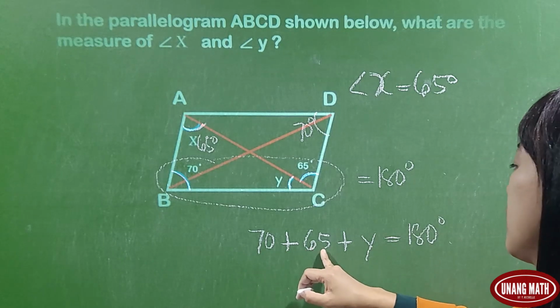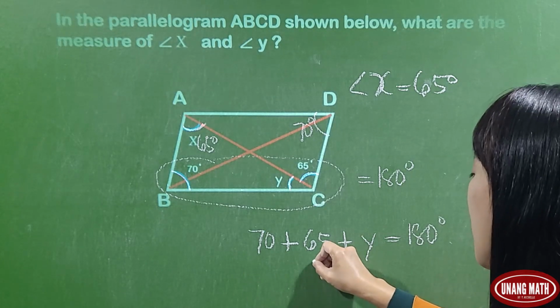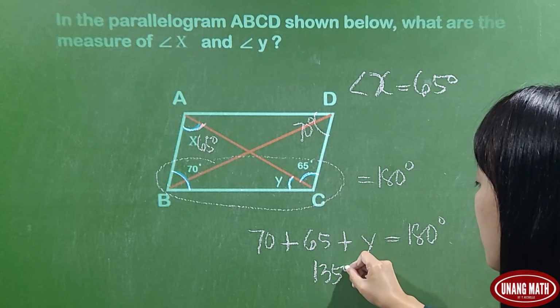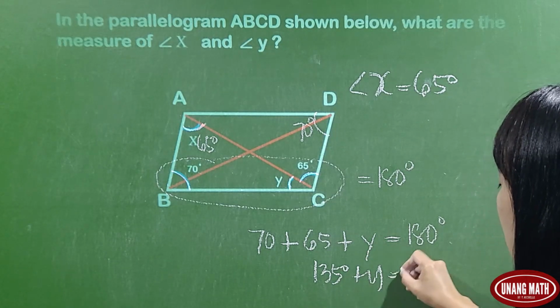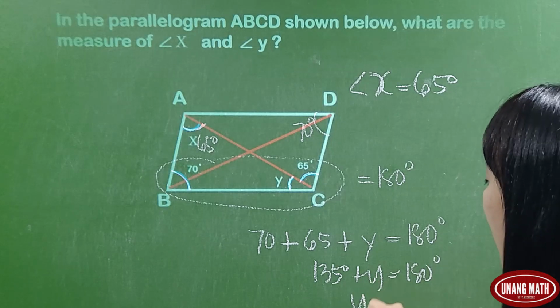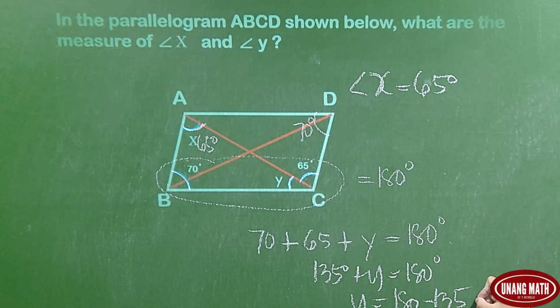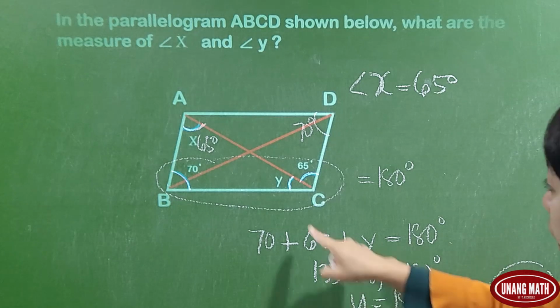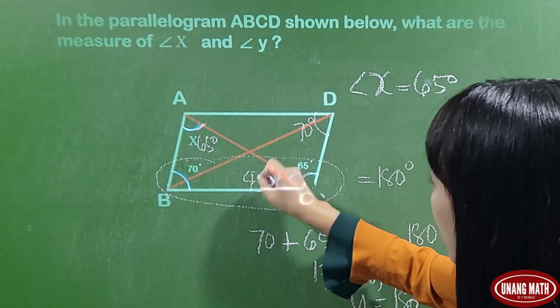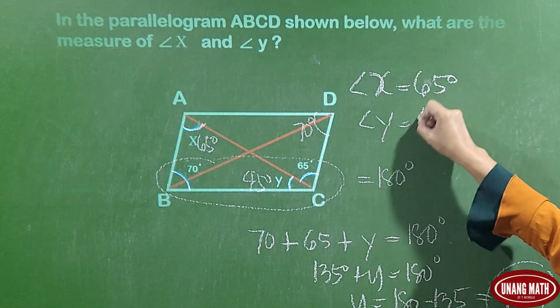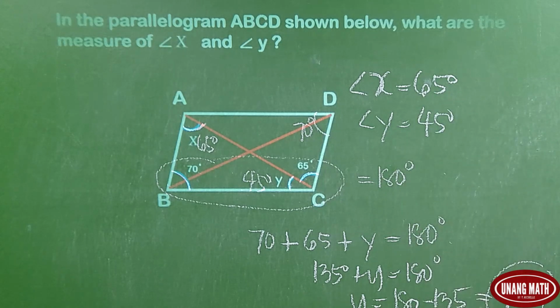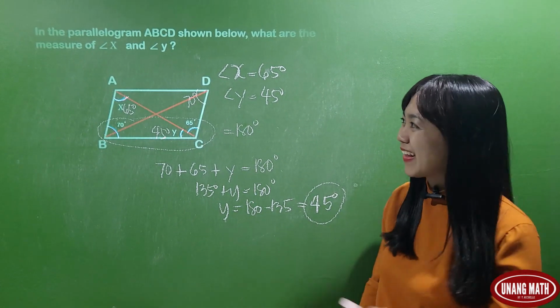So 70 plus 65 plus y must be equal to 180 degrees. 70 plus 65 is 135, plus y is 180. So y is 180 minus 135, which is 45. So angle y is 45 degrees.